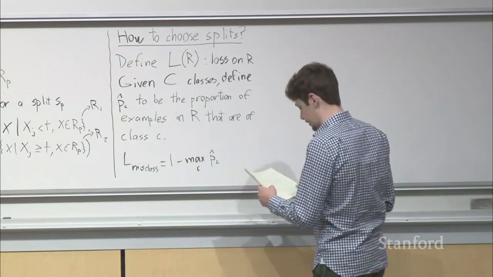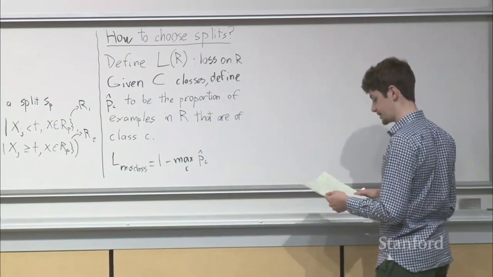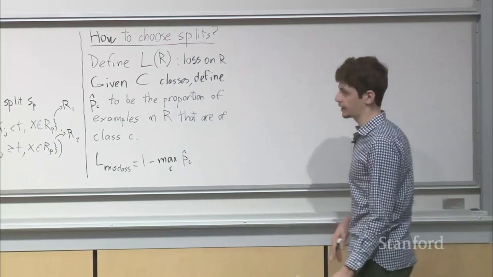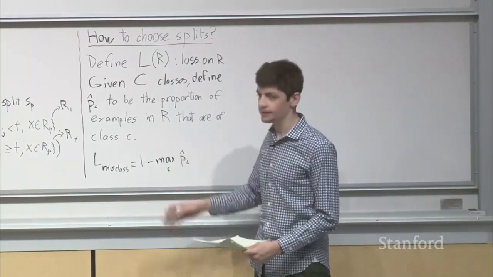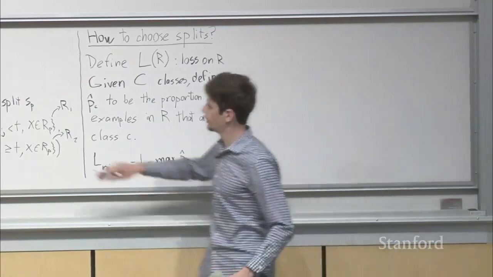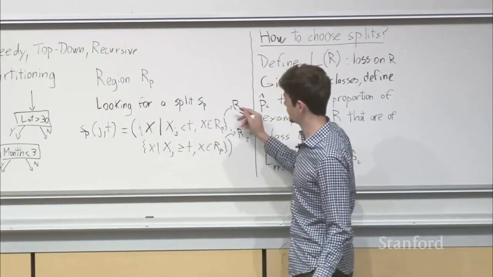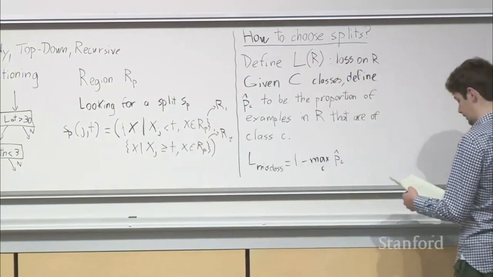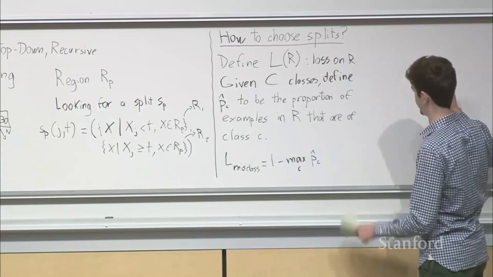And so then once we do this, now that we have a loss defined, we want to pick a split that decreases the loss as much as possible. So you recall I've defined this region R parent, and then these two children regions, R1 and R2, and you basically want to reduce that loss as much as possible.